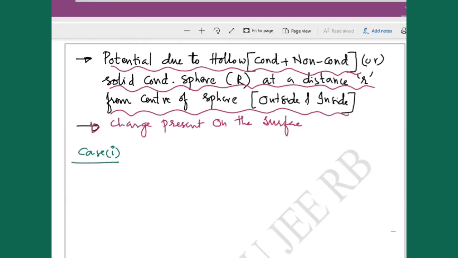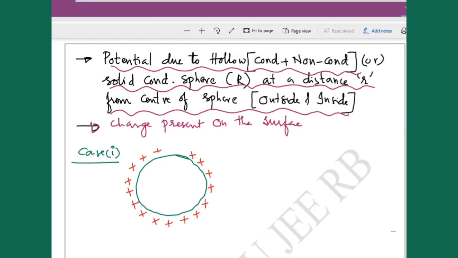Now let me draw this one here. So this is nothing but a sphere in which the charges are distributed. Positive charges are distributed here. Is it clear? Able to see? Yes sir or no?